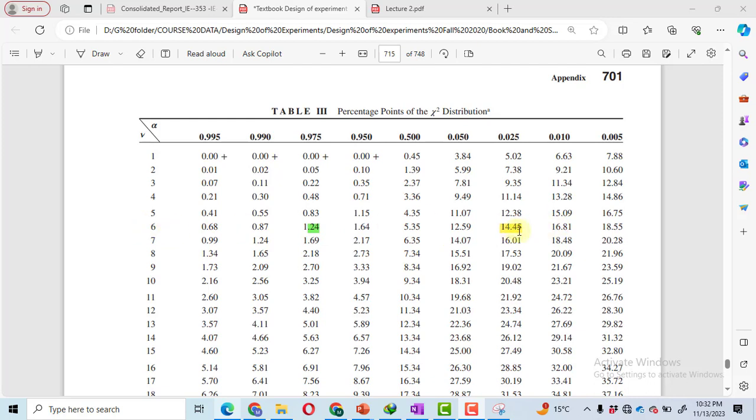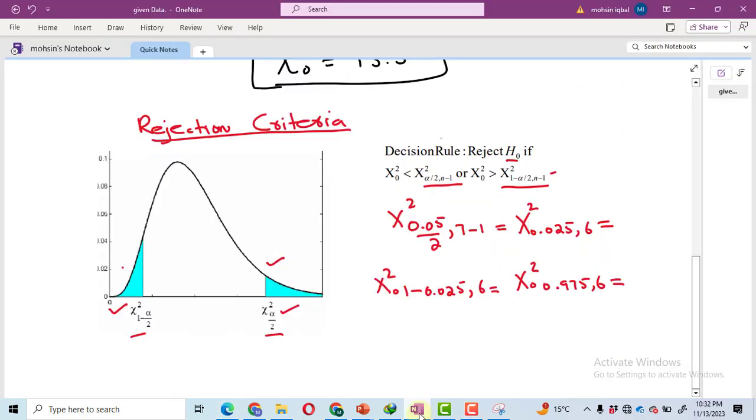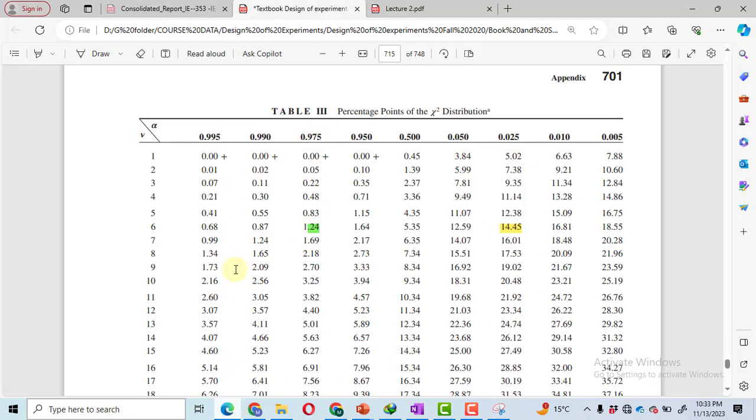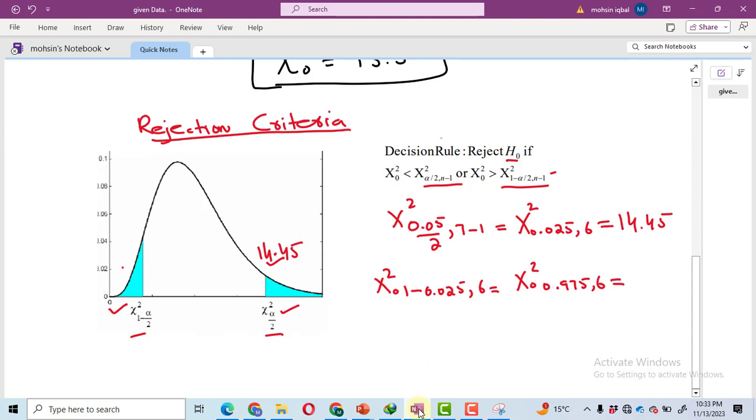This is the value of the upper tail. Now for the second value, 0.975 and again 6, we got 1.24. This is our value for the lower tail.